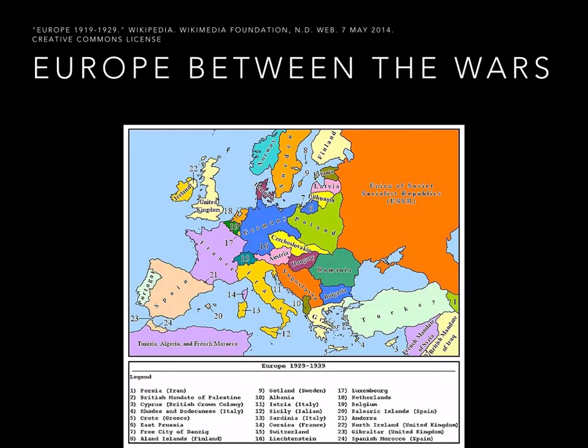This map shows Europe between World War I and World War II. And again, the key is going to be Eastern Europe, Central Europe, Southeastern Europe. Poland is revived. You have the Baltic states, Estonia, Latvia, Lithuania. You have Yugoslavia as an intact country between World War I and the end of communism, 1990 or so.